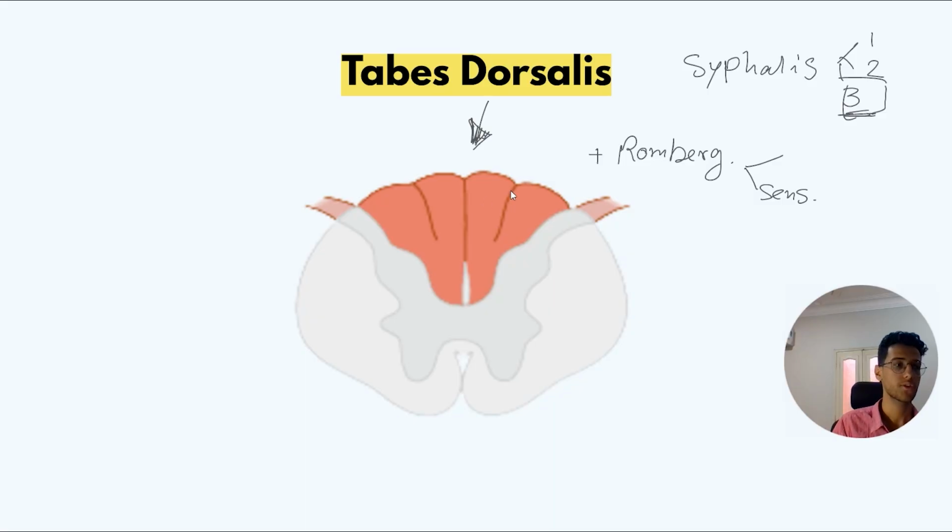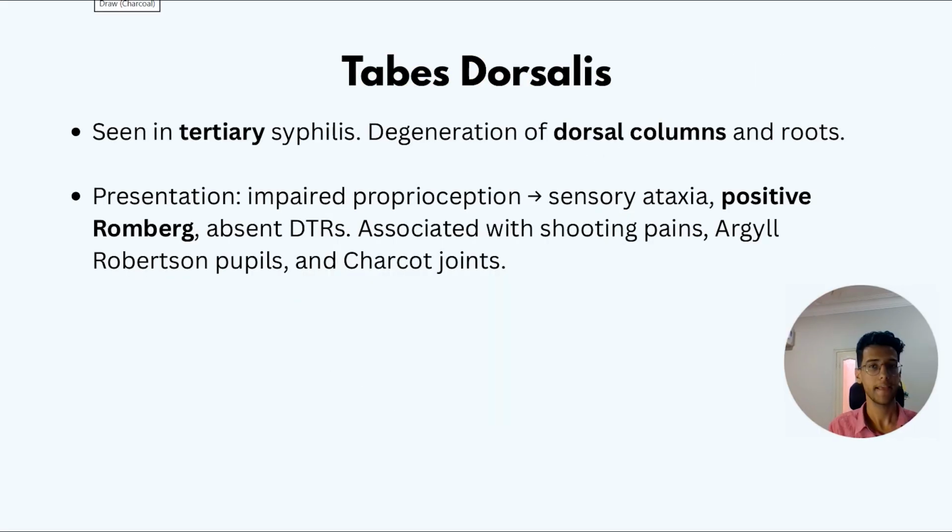So the dorsal column, as we said, is responsible for proprioception, and you feel your posture, okay, and fine touch, fine pressure, vibration, and stereognosis. All of this will be affected in this condition. So tabes dorsalis is seen in tertiary syphilis, with degeneration of the dorsal column like gracilis and cuneatus, and the roots as well.